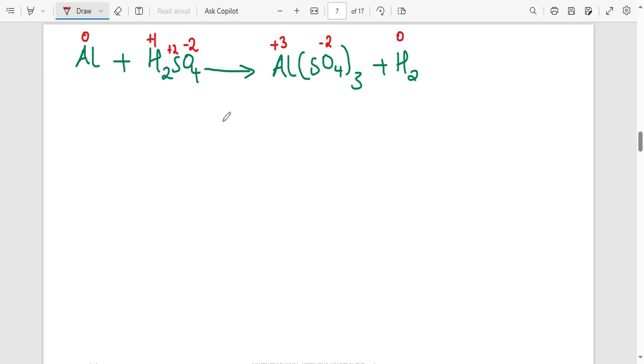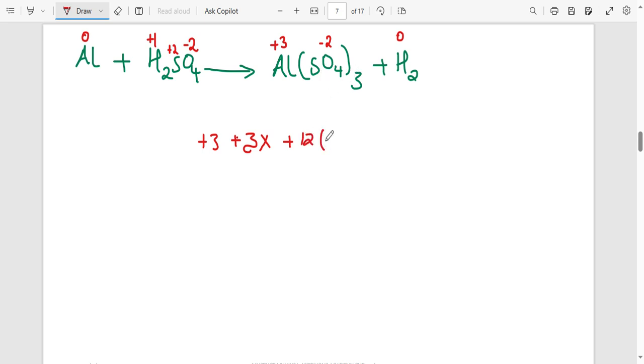To determine the oxidation number of sulfur, we're going to say aluminium, we have got a 3, and then plus, for sulfur, you can see we have got a 3 down there, so meaning that we are going to have 3. Let's say the oxidation number of sulfur is X. And then plus oxygen, we have got 4 and we have got a 3 because it's in bracket, so that is 12.